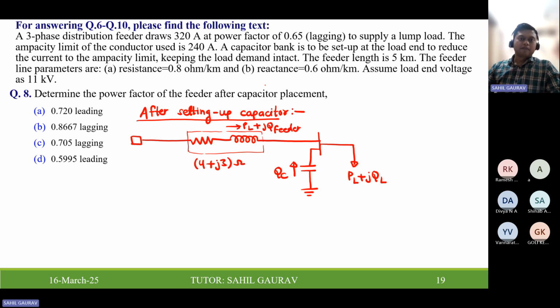So we know that after capacitor placement, this current amount is getting reduced. So you can find the amount of apparent power flowing through feeder, S feeder.